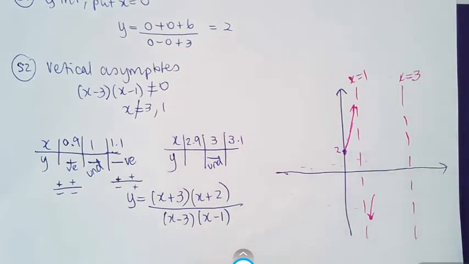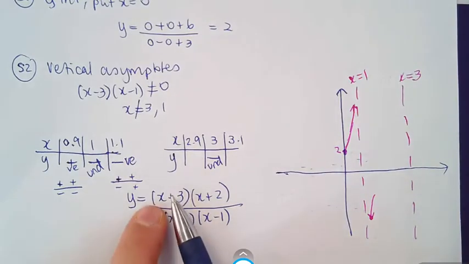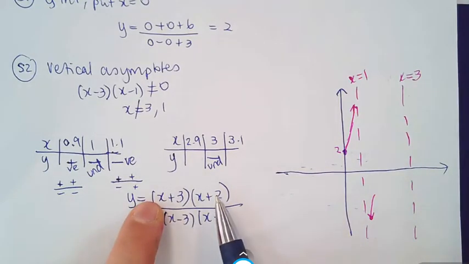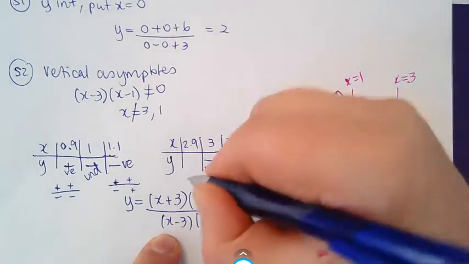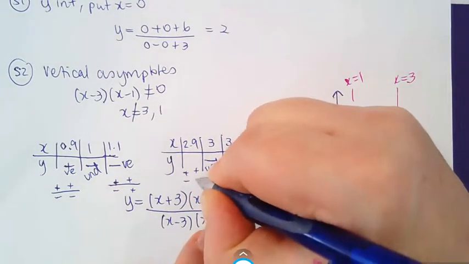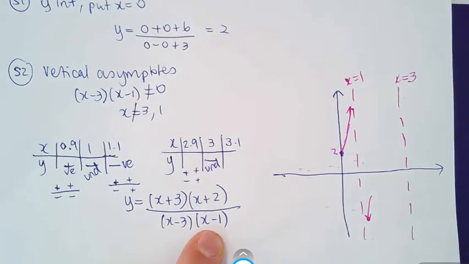Look, if you're still not comfortable with that, you can try the values. What about 2.9? Have a look. Positive. 2.9 in here. Positive. Negative. So I've got positive, positive, negative, positive, negative, negative, so it's down here.